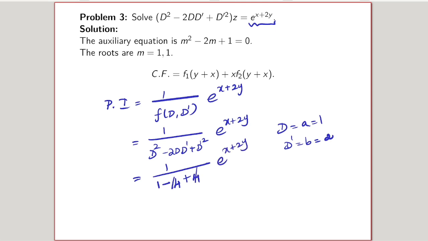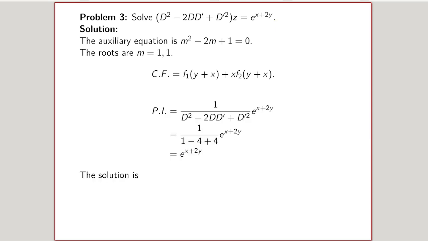Now this minus 4 and plus 4 get cancelled. We get 1 by 1, the denominator becomes non-zero, so we can take 1 by 1 as 1. This is equal to e power x plus 2y. So our particular integral for this question is e power x plus 2y.